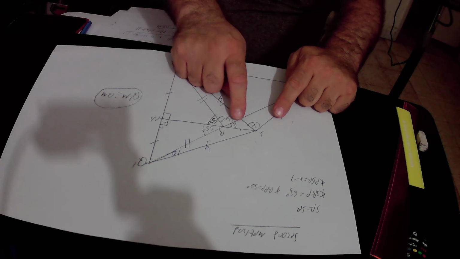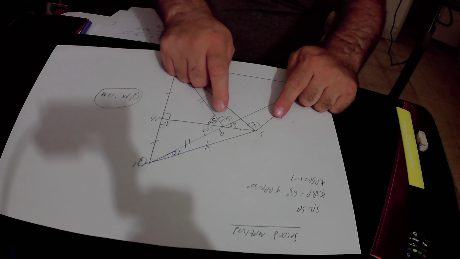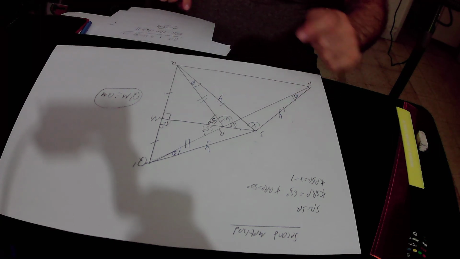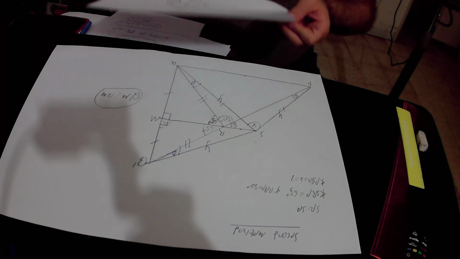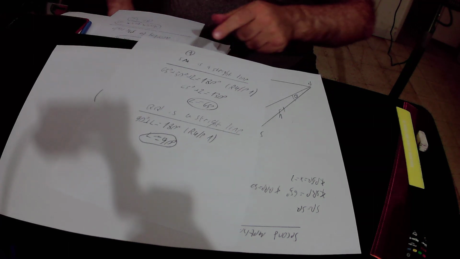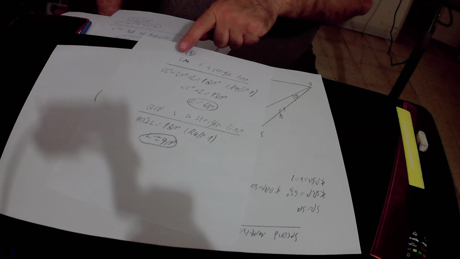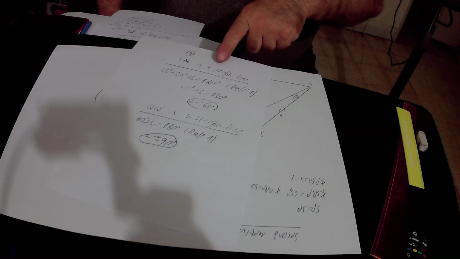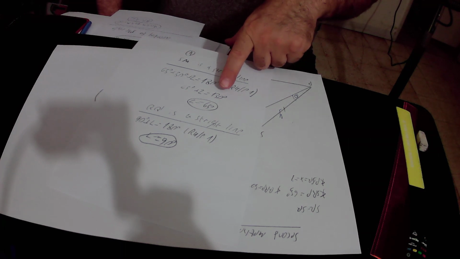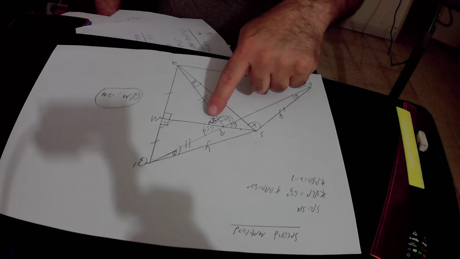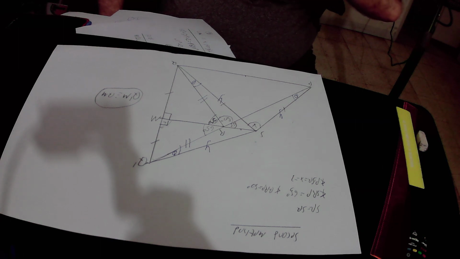That is to say, 65 degrees plus 50 degrees plus the size of this angle that we defined as Z must be equal to 180 degrees according to rule number 1. So we subtracted 65 degrees and then 50 degrees from this equality, and we got that the size of angle Z equals 65 degrees. So this angle equals 65 degrees.